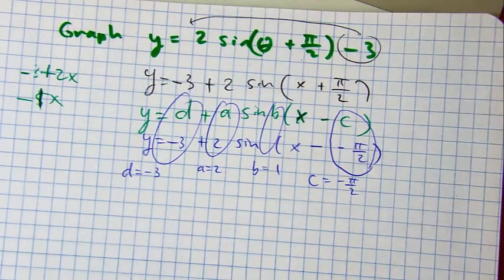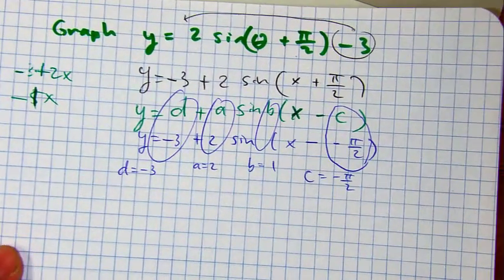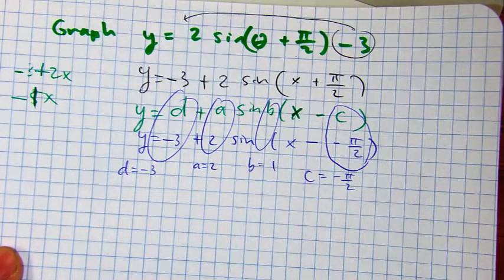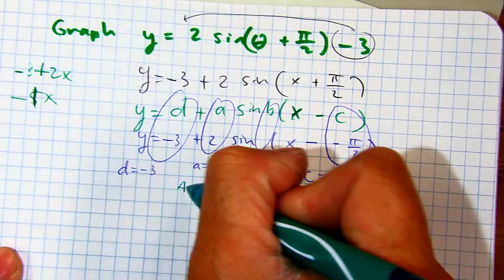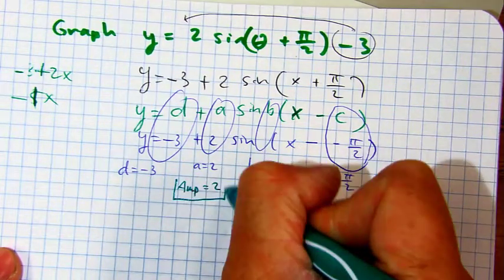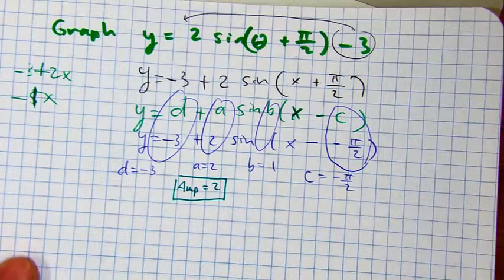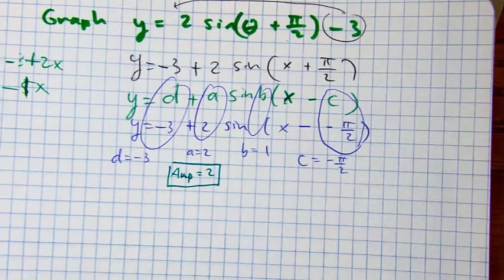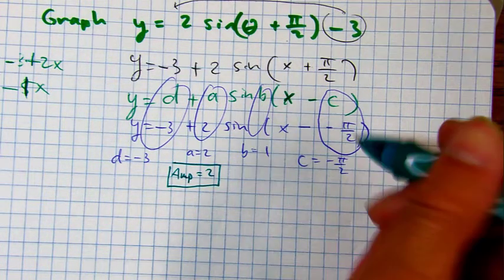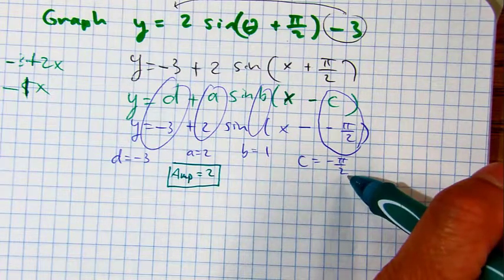Vita, tell me each of these letters and what it does. Start with any letter you want. And your amplitude would be what? Yep. Left or right?